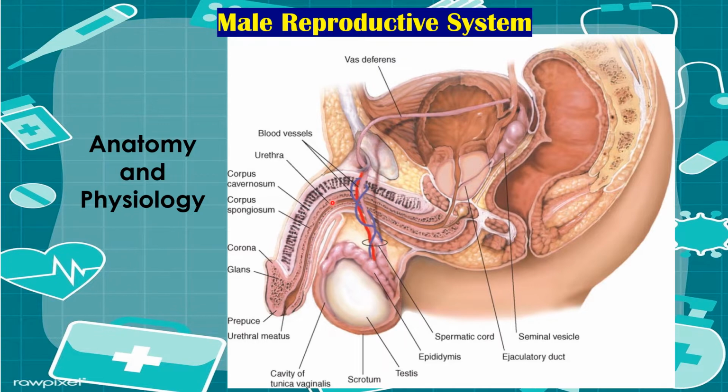On the posterolateral surface of each testis is the softer, comma-shaped epididymis, consisting of tightly coiled tubules emanating from the testes that become the vas deferens.